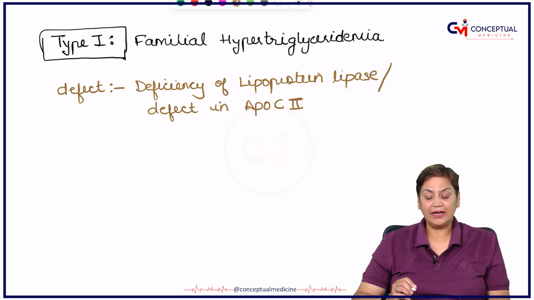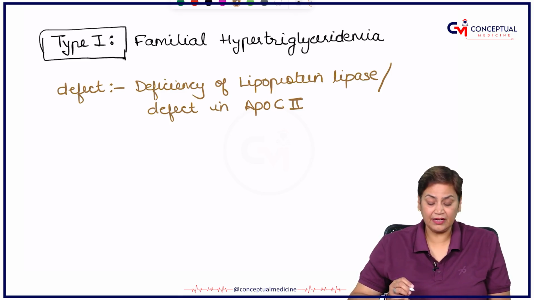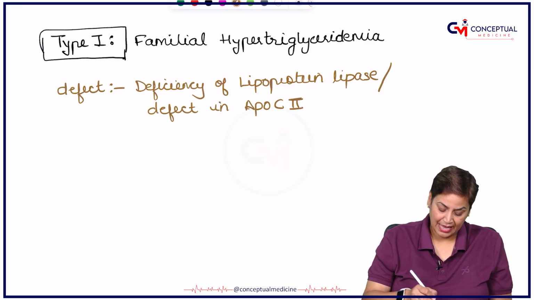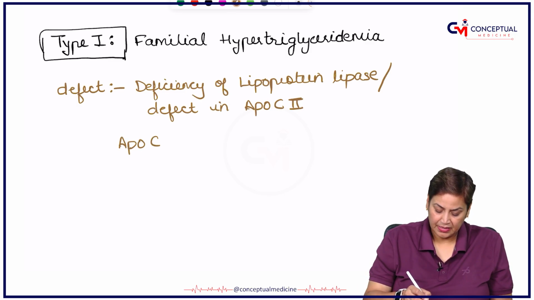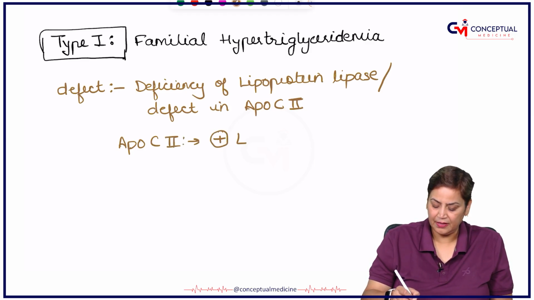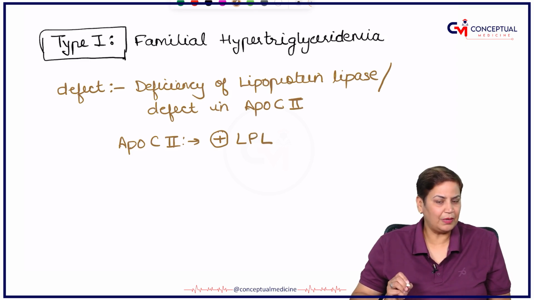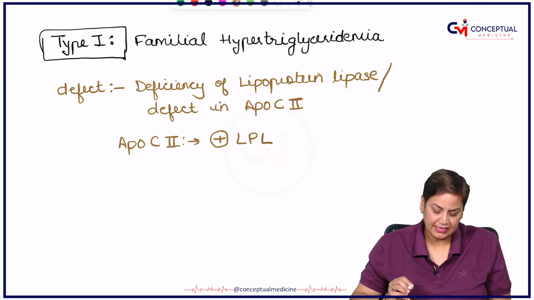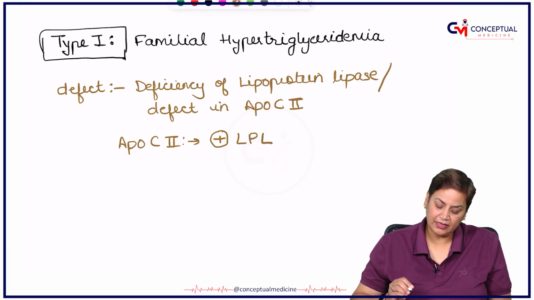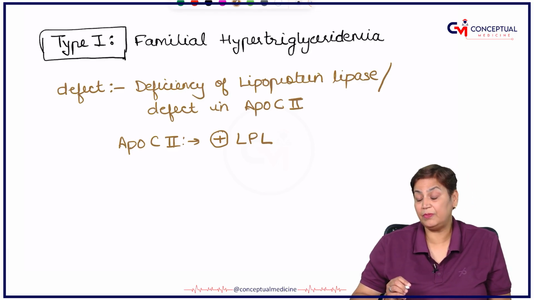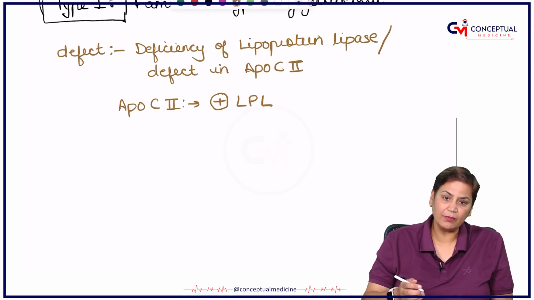And we all know that Apo C-II is a very important apoprotein which is required for the transport of chylomicrons as well as VLDL. Because what is the function of Apo C-II? Apo C-II will always activate LPL. Now the problem in this type 1 disease is that LPL is deficient, or there might be a defect in Apo C-II.